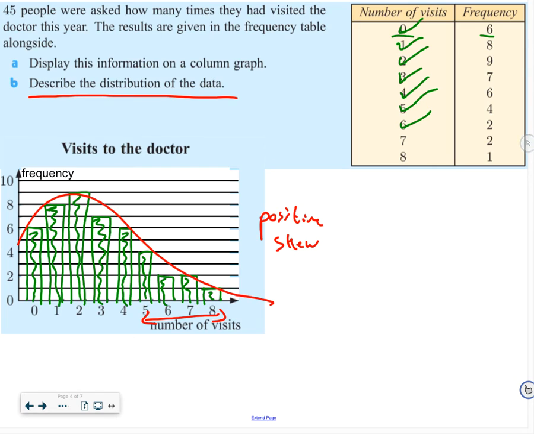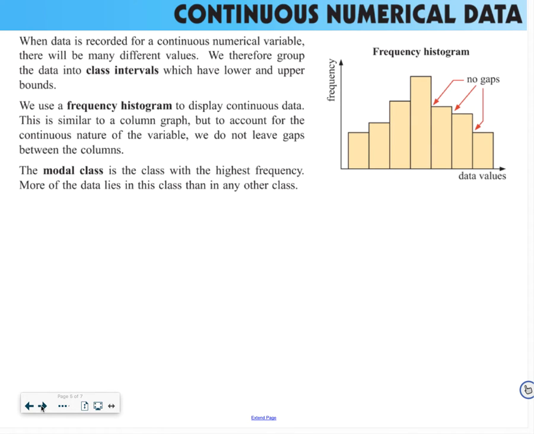Okay, let's look at another example as we're talking about continuous numerical data. With continuous numerical data, often we're dealing with large data sets. Because it's continuous, we have to have class intervals, meaning we have to decide what the intervals between our classes are going to be, because we're dealing with decimals and numbers with more accuracy.